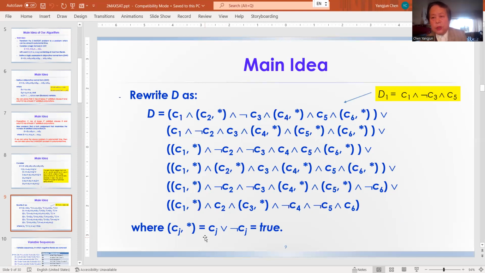Our purpose is to use this notation to represent any missing variable in a conjunction. Then, in this way, we can change the above formula D to a new logical formula, but the value of this new logical formula is the same as the previous one.